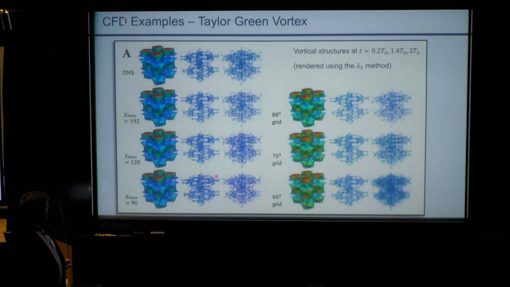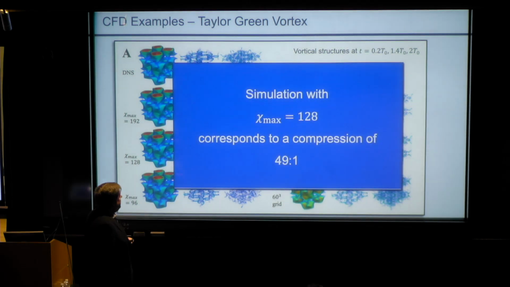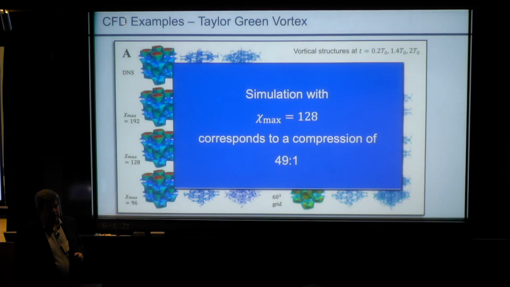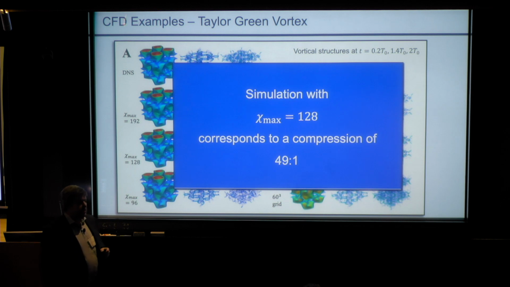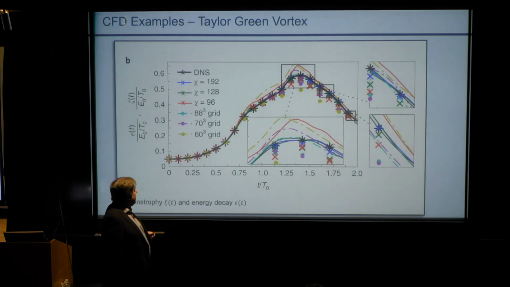Then it becomes a little bit less good, whereas the correspondingly sized under-resolved simulations pretty much disagree with the direct numerical solutions pretty quickly. In that particular case, we get a compression of 1 to 50, so we only need about 2% of the memory that would be needed for the direct numerical simulations. It's a huge saving on memory that we get here.